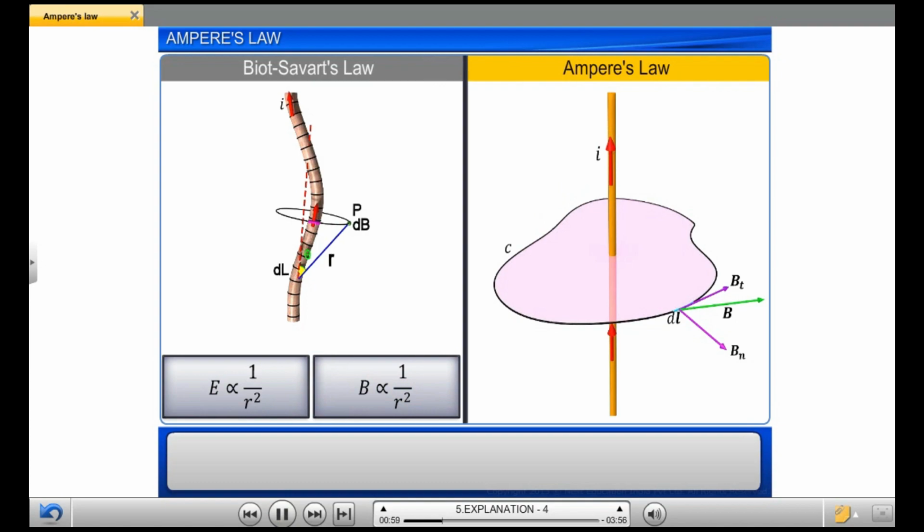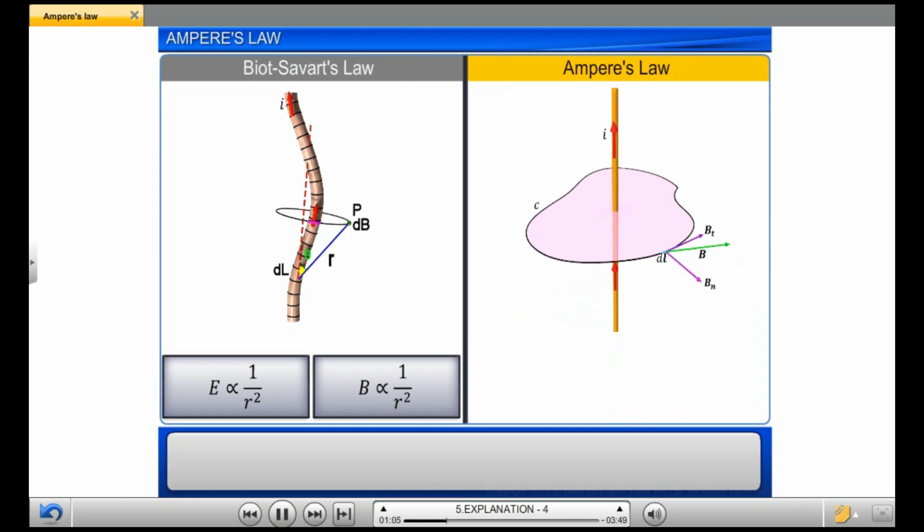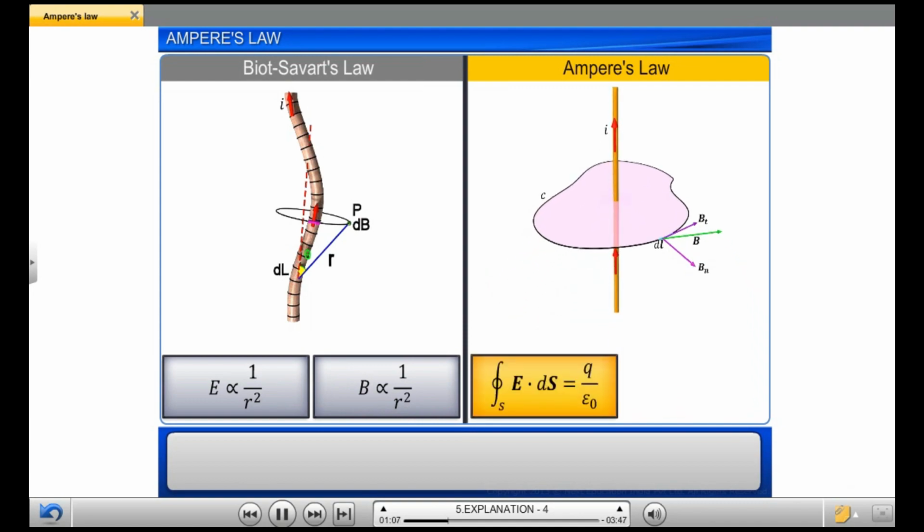Ampere's law is similar to the Gauss law for electrostatics. According to the Gauss law, integral over the closed surface S, E dot ds is equal to Q by epsilon naught.